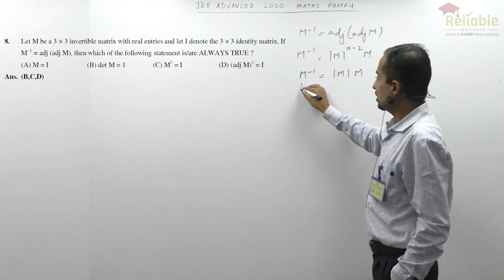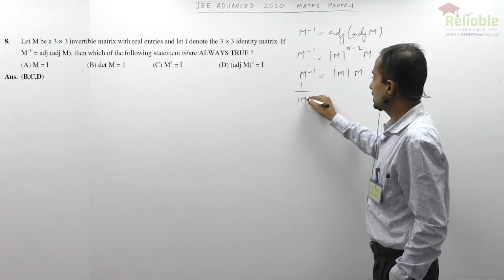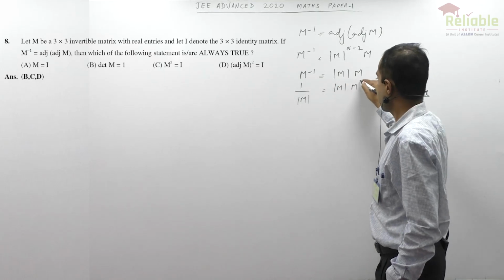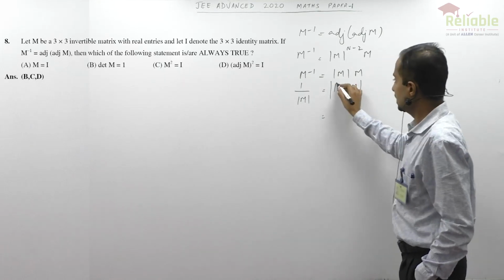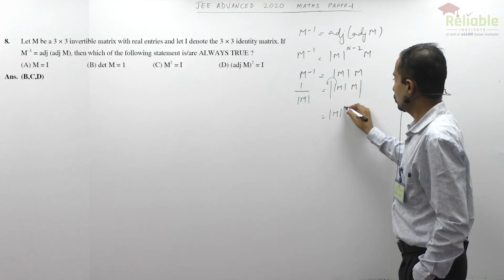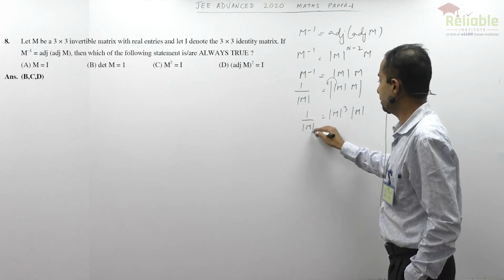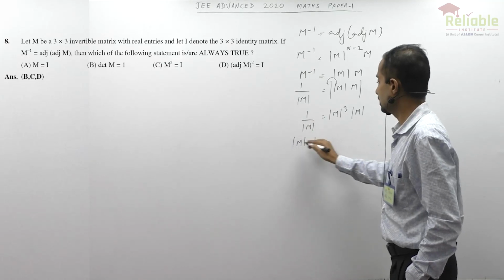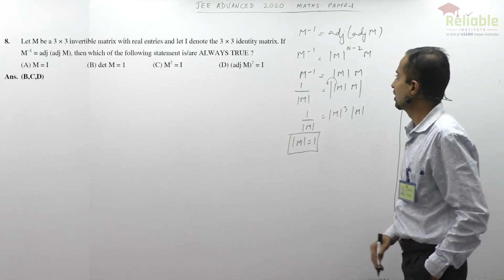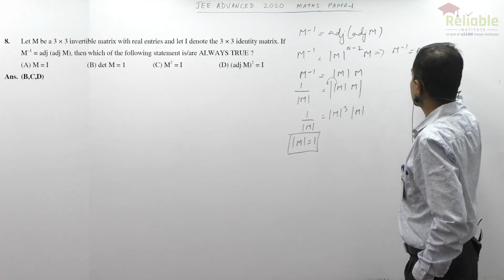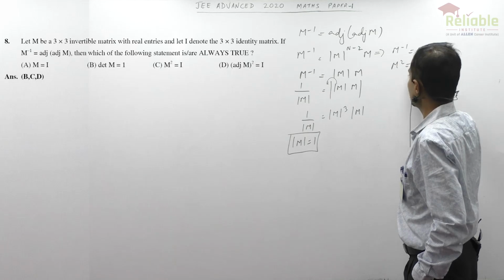Now if you were to take determinant, this comes out M cube, so this is determinant M, this is 1 by M, and hence determinant M turns out to be 1. So if determinant M turns out to be 1, M inverse is equal to M, that is M square is equal to I.